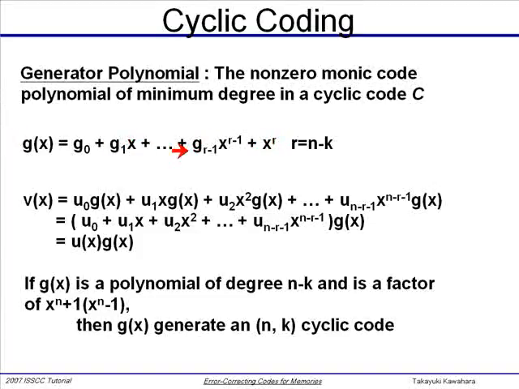The original code has order n, so we can find the remaining elements, and the generator is written in polynomial form. If g(x) has degree n minus k and is a factor of x to the power of n minus 1, then this g(x) generates the cyclic code.